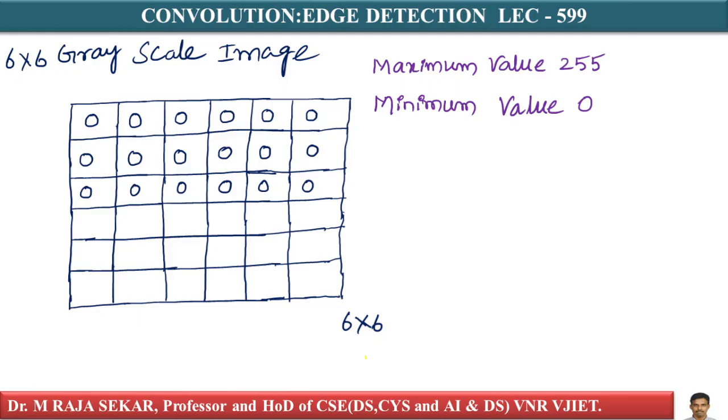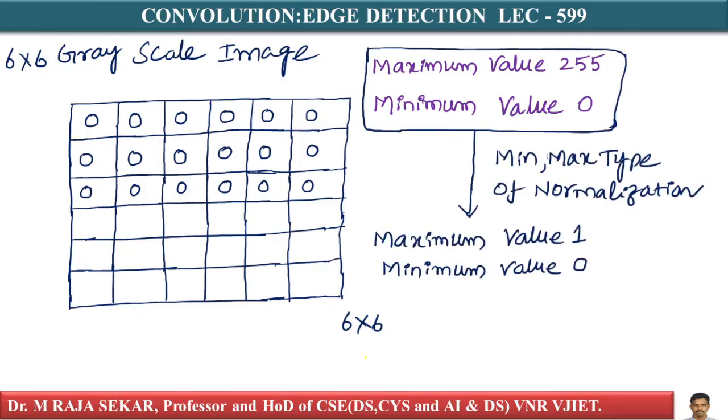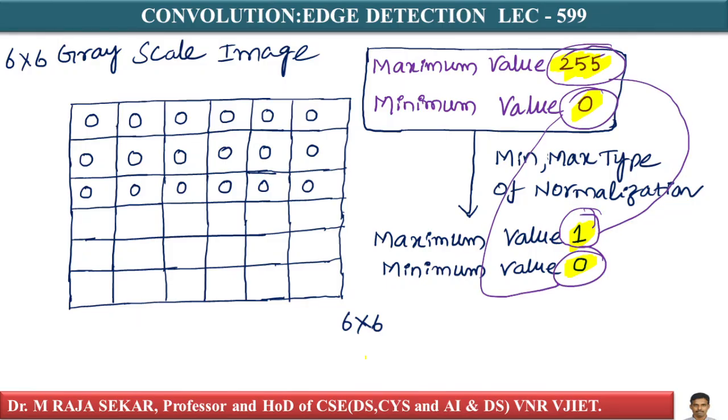If I apply min-max normalization, you can replace all the 0 values by 0 and 255 by 1. It depends on how you represent your grayscale image.